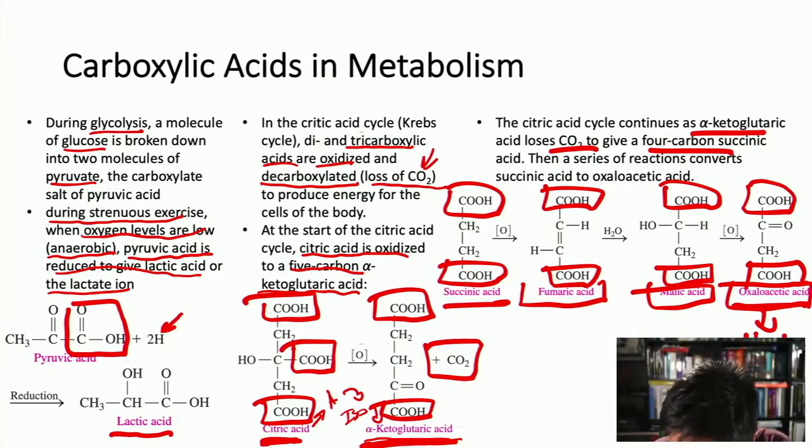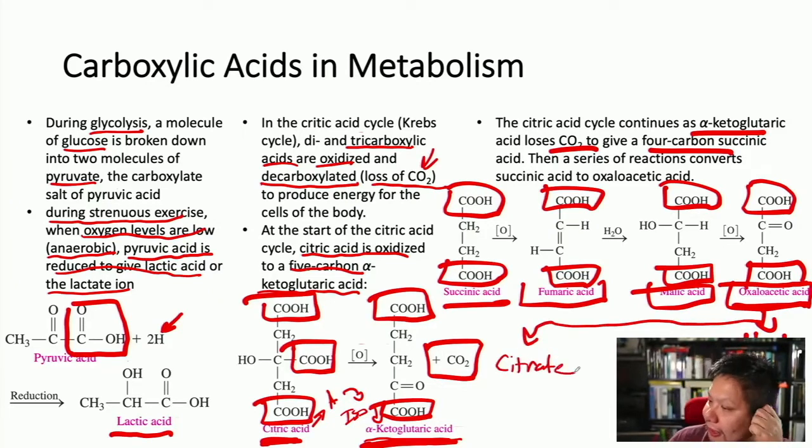Oh, sorry, my head is blocking that. Let me go back over here. Citrate, which is the beginning of the citric acid cycle, right? And it is a cycle, that's why it becomes citrate at the end again. And it goes through the cycle again, over and over and over again, right?